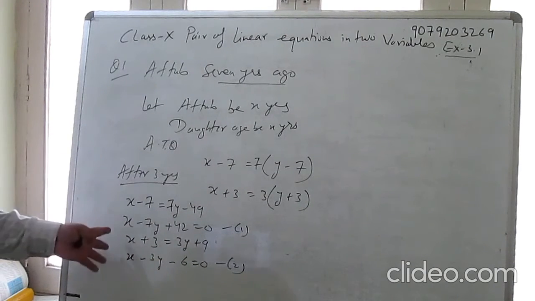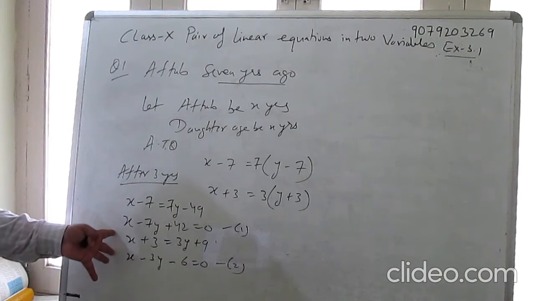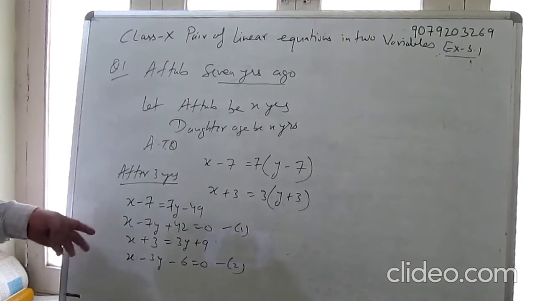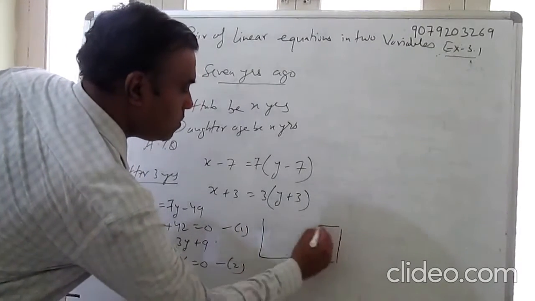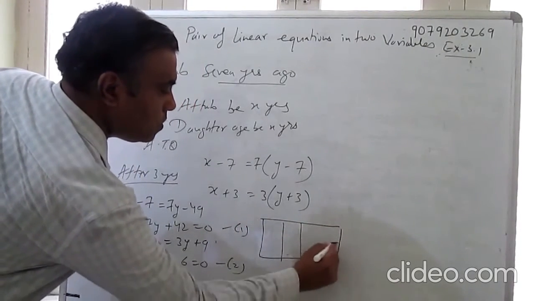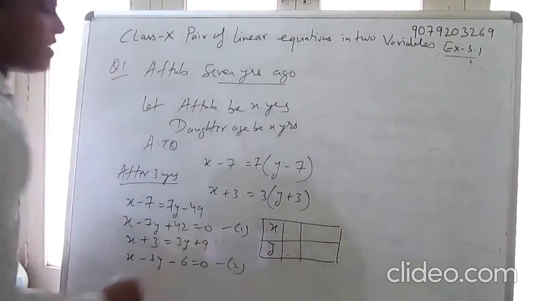Now we plot these two equations on the graph. For the first equation we make a table of x and y.